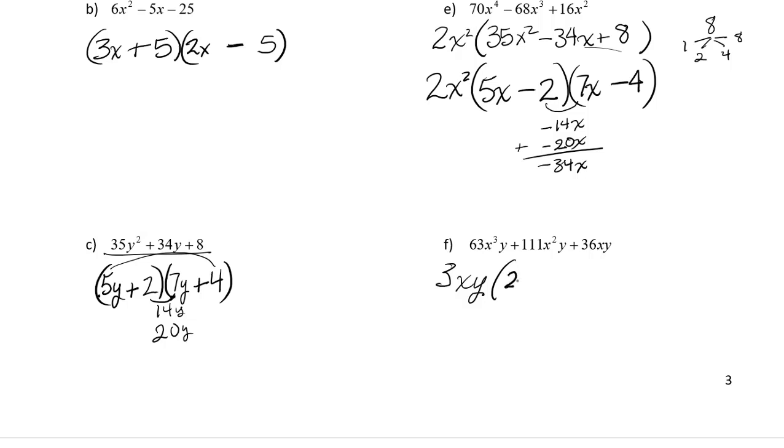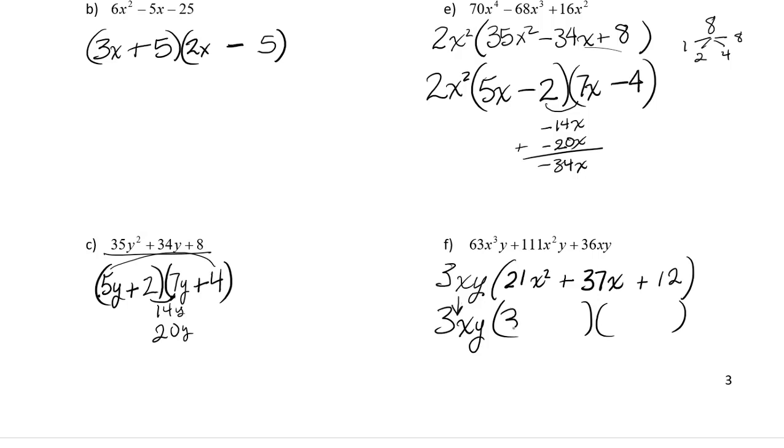This will be 21x squared plus 37x plus 12, and now I can check again. It doesn't look like there's another common factor, so now I'm just going to try and factor the trinomial. Don't forget to drop your GCF down.